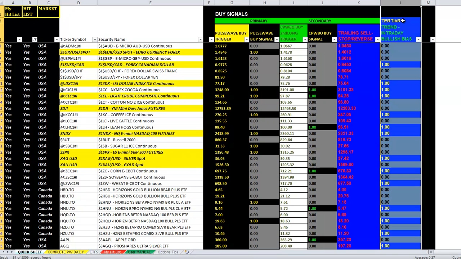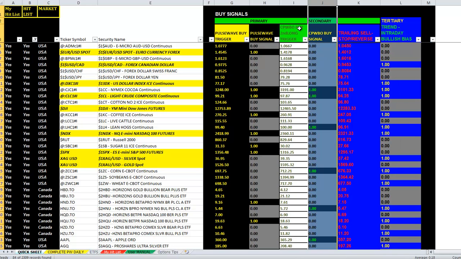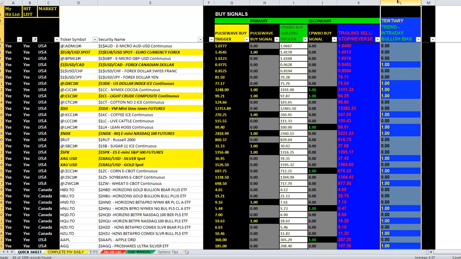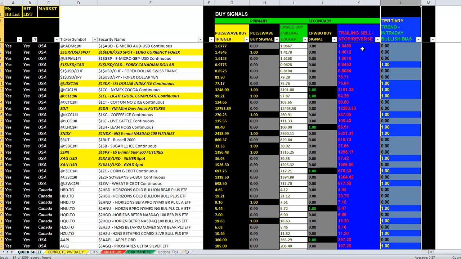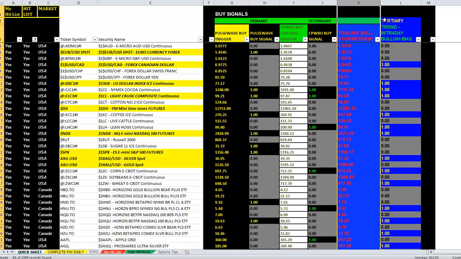On your intraday bias, when you get a buy signal, the entry is always on the CPBO breakout trigger. So this signal and this signal, this is the trigger for both of these signals. And this is the stop loss for all entry prices on the buy side.